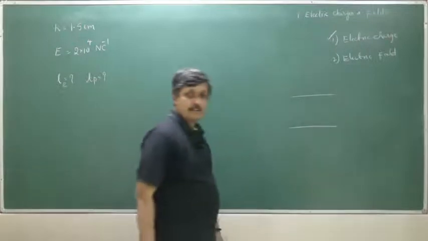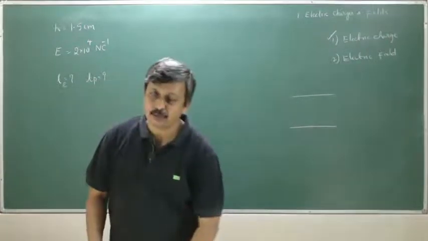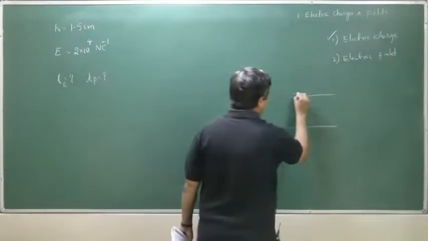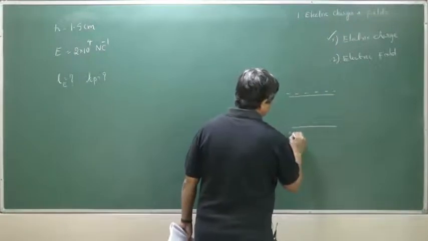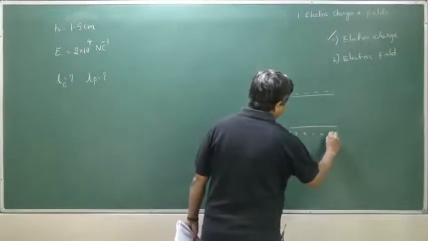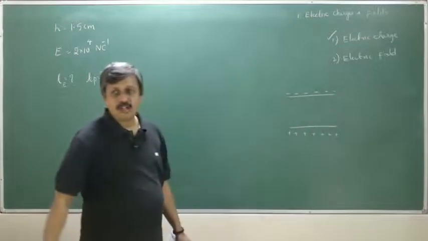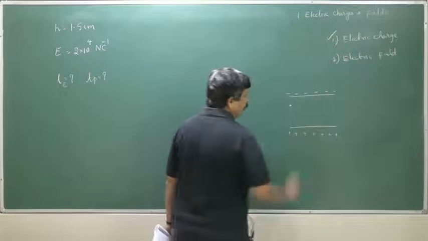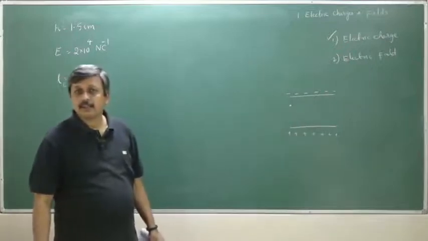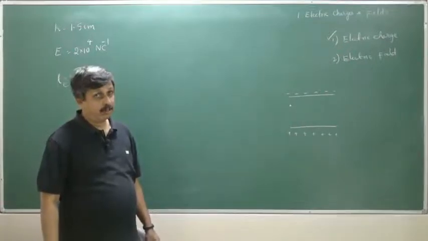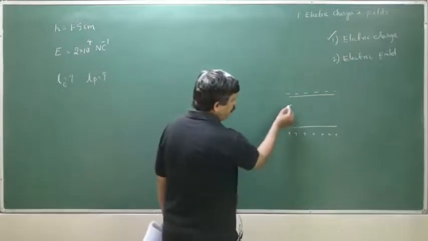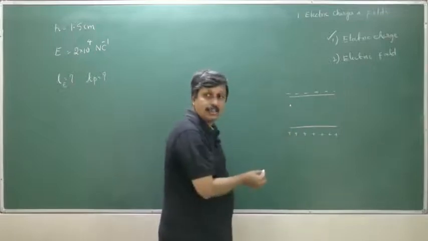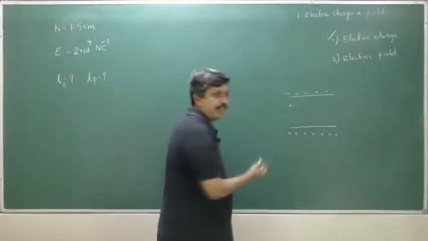So two plates here, and if you charge the top plate only with negative and this one with positive, and we want to calculate the field at any point, let us say at this point, how do you calculate it? You find the distance from this point to each positive charge, all that you have calculated for every charge, and sum it up.